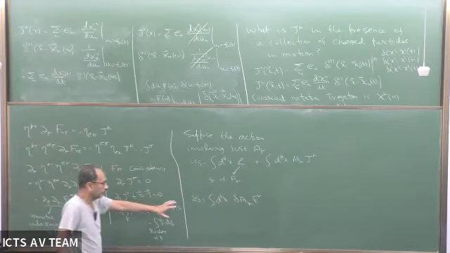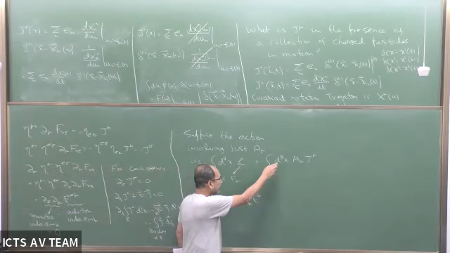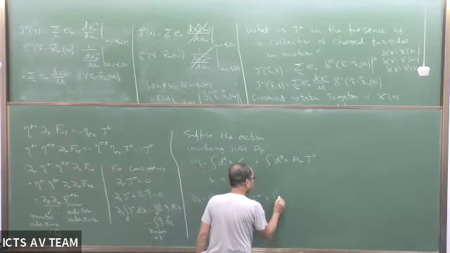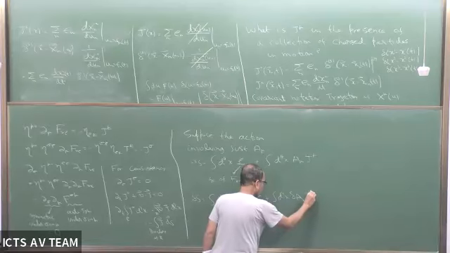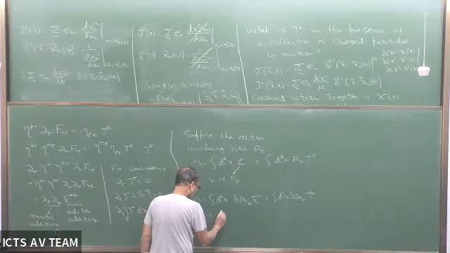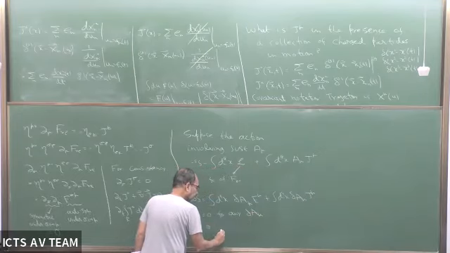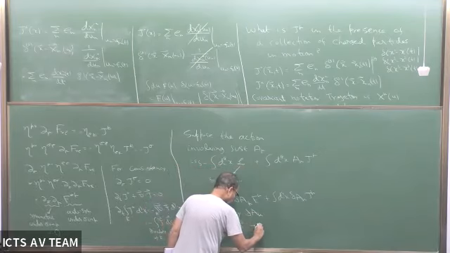But in a more general case, you don't know what this something is, so let's call it E mu. And then by varying the source term, we will get the integral d4x delta A mu J mu. So this is equal to 0 for any delta A mu, and this implies that we have the equation E mu equal to minus J mu. That is the equation of motion.